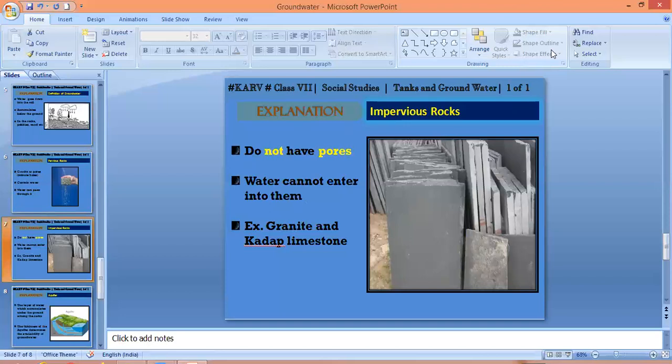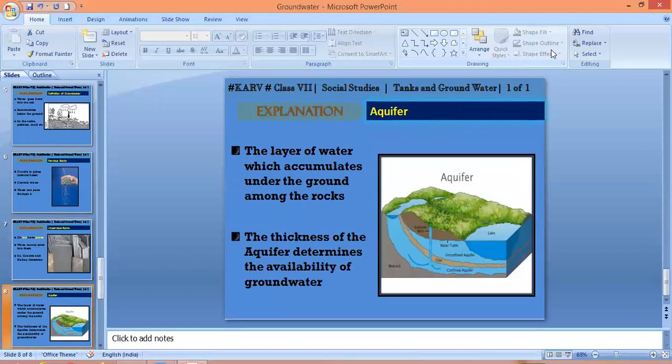But pervious rock has holes, so water will go through the rocks and some amount of water will be accumulated even under the rocks. This is the difference between pervious and impervious rocks.